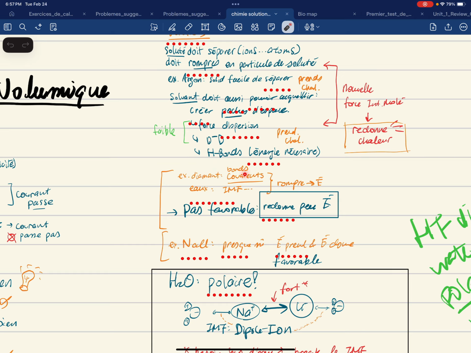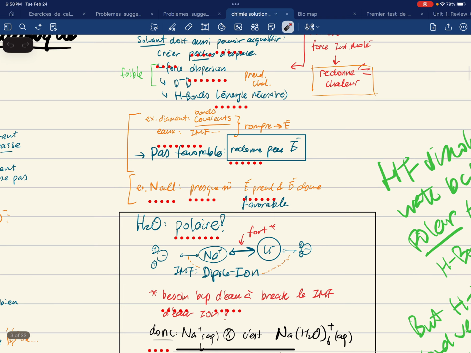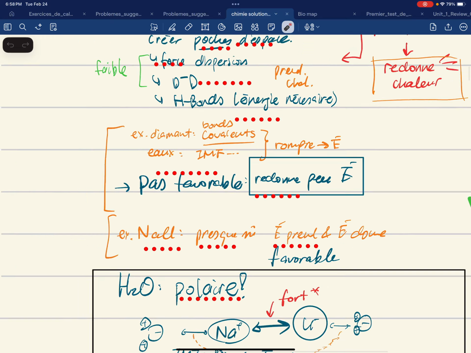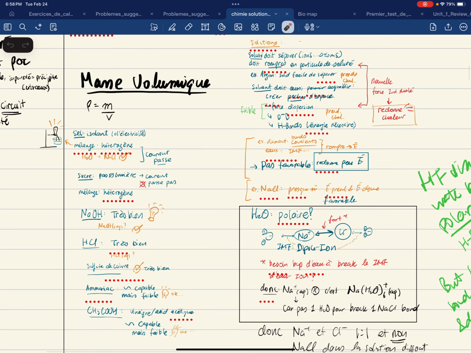So, par exemple, les diamants sont des liens covalents, donc quand les IMF vont briser les diamants, ceci n'est pas favorable parce qu'il faut beaucoup d'énergie pour surmonter ces liens covalents, donc il y a peu d'énergie qui est donnée.